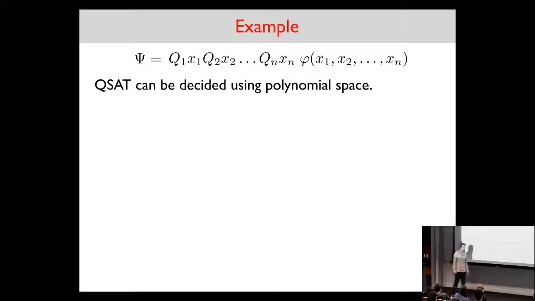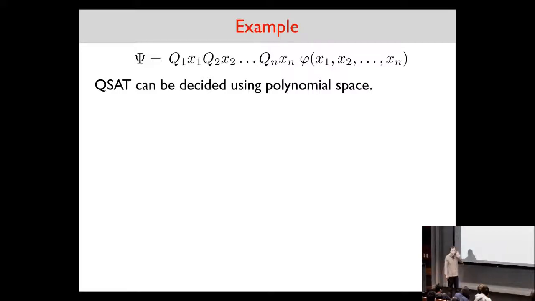So this problem actually cannot be decided in logarithmic space, but it can be decided in polynomial space. And in some sense, it captures the essence of algorithms that use polynomial amount of space. But I'm not going to really explain why that's true, but it is the case. So I'm now going to sketch to you why this is in polynomial space.